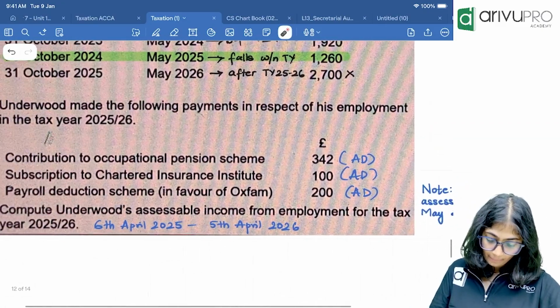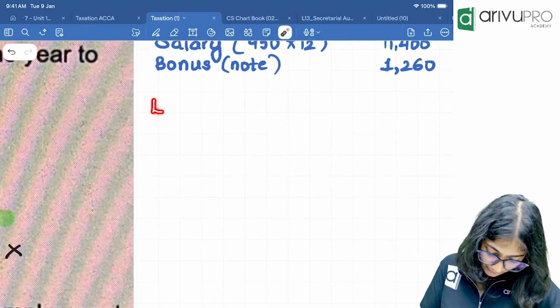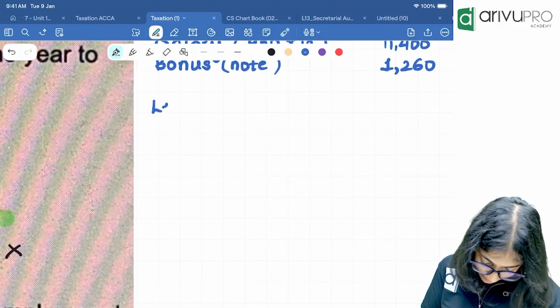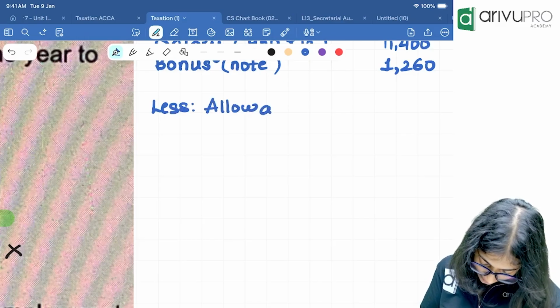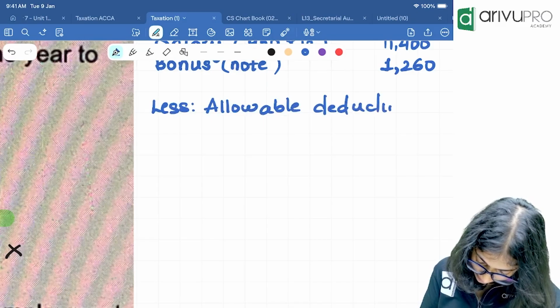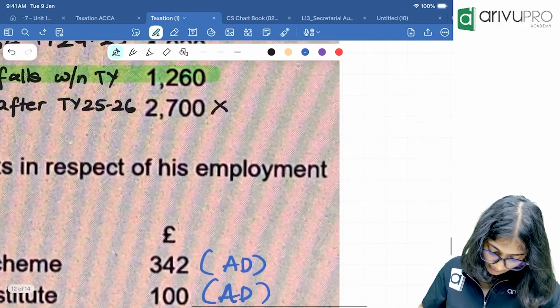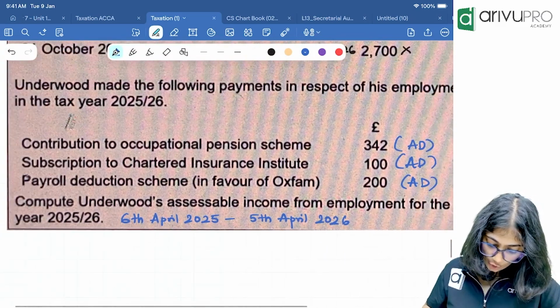Now, let's look at the allowable deductions. So, what do we have? We have three things. First is occupational pension scheme.